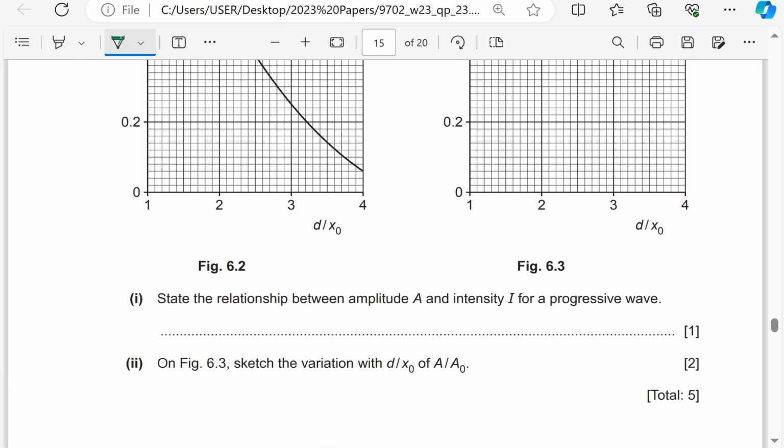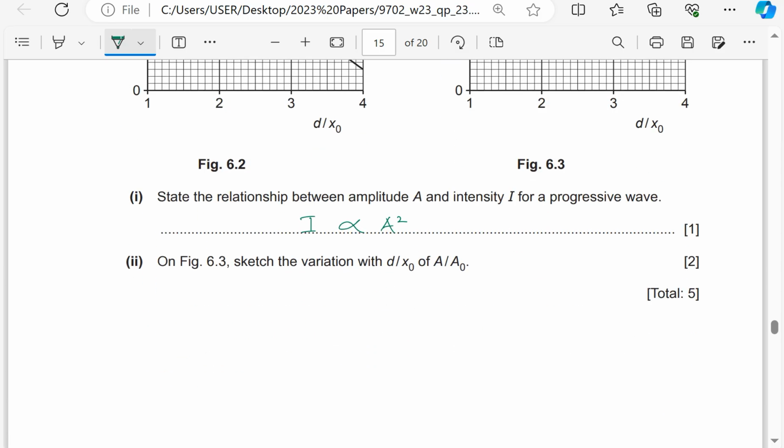Then state the relationship between amplitude and intensity. So we know that intensity I is directly proportional to amplitude squared. Then on the figure, sketch the variation with d over x0 of A over A0.